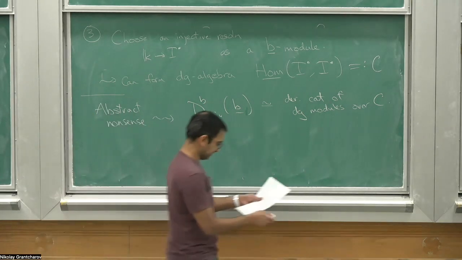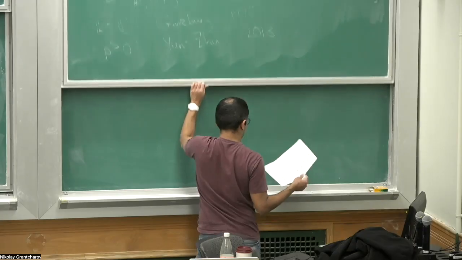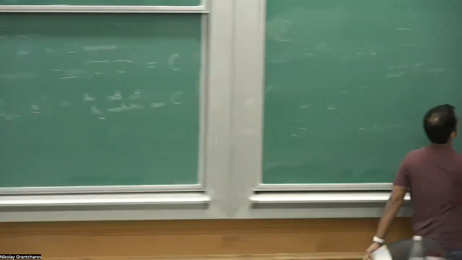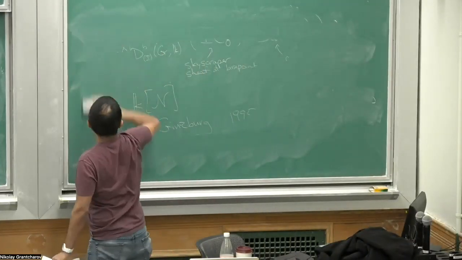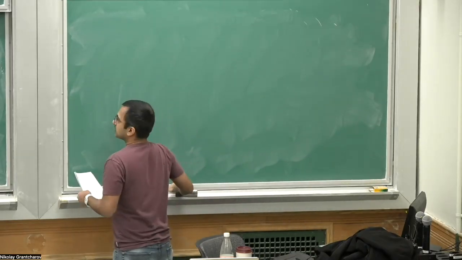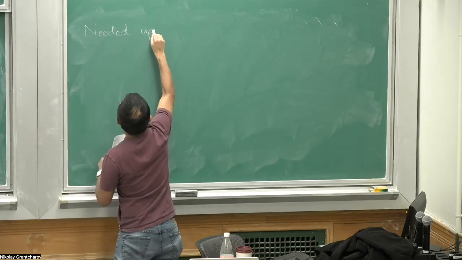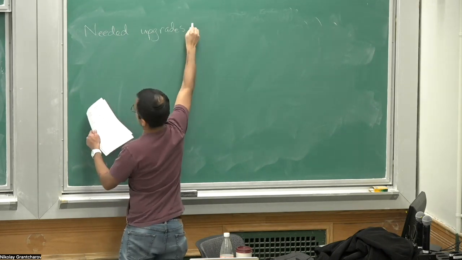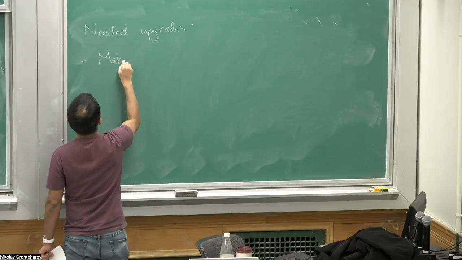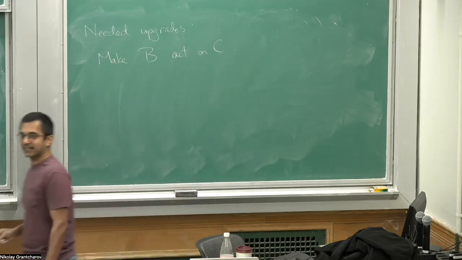And so we need to upgrade it. And here are what the needed upgrades are. Okay, so one is that we need to make B act on C. It doesn't have an action of that group to begin with.